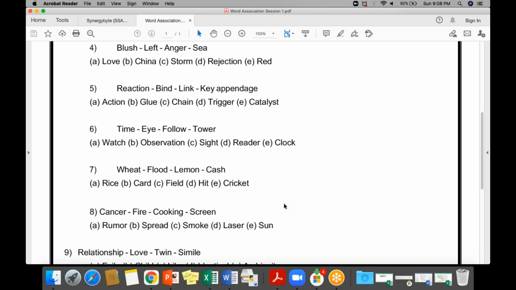How is smoke related to screen? What is smoke screen?